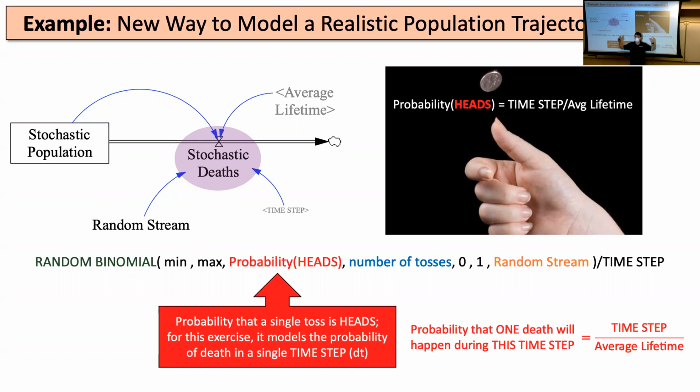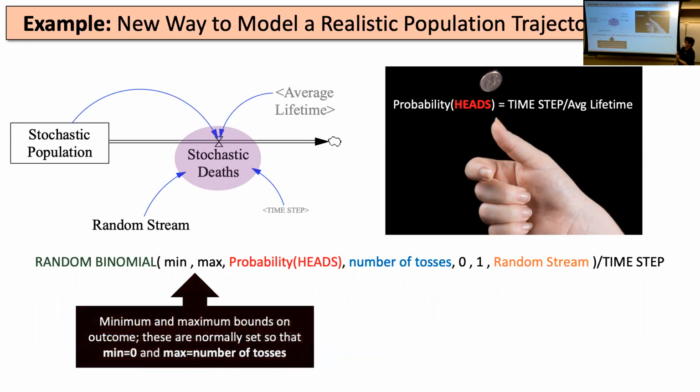If I'm simulating 100% of the average lifetime, then there's a 100% chance that this bacteria will die. So the shorter you simulate, the less of a probability you're going to catch death in the act. So that's where this comes from. It's the dt divided by the average time between events.